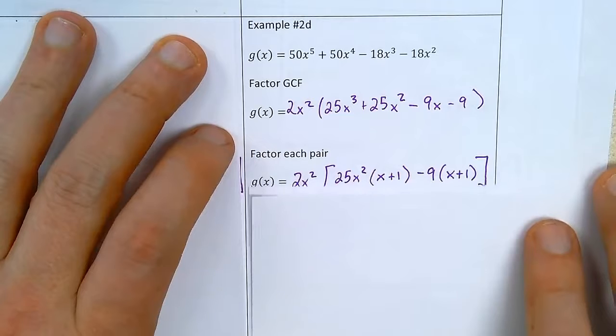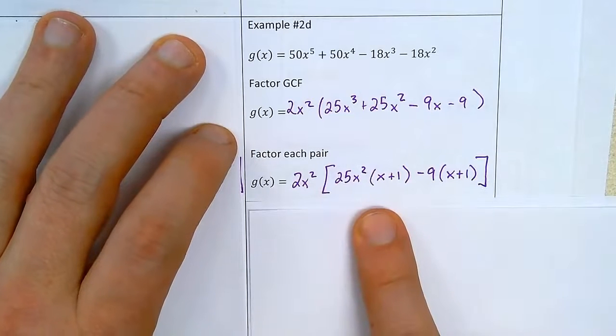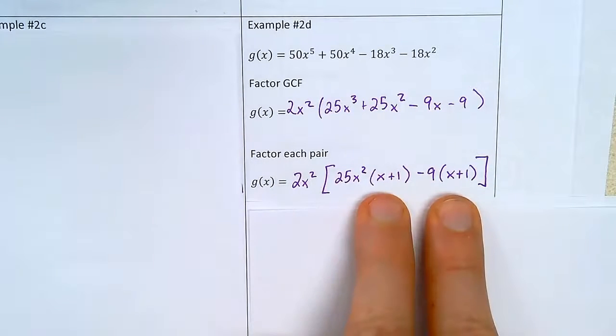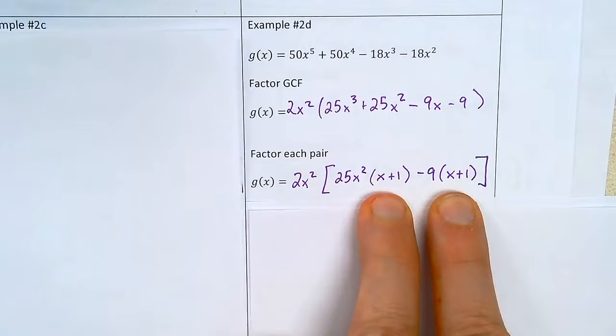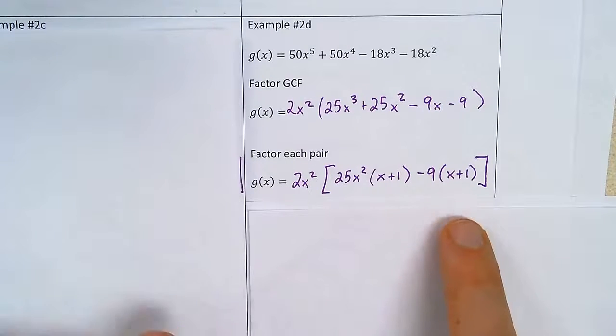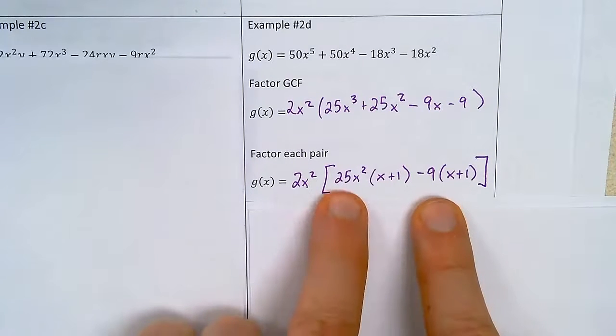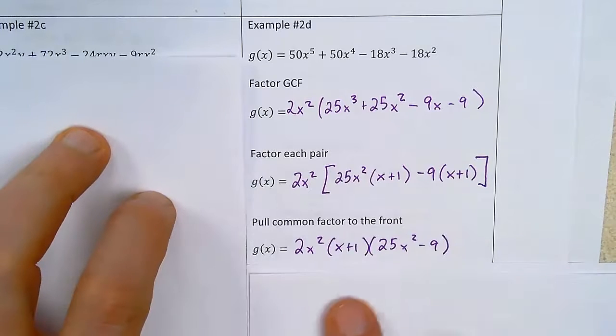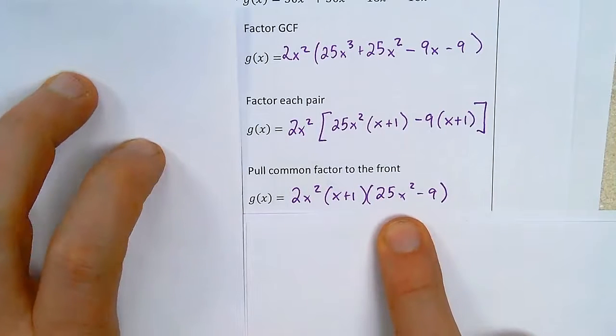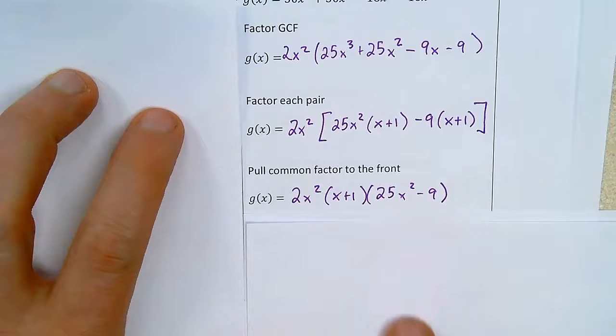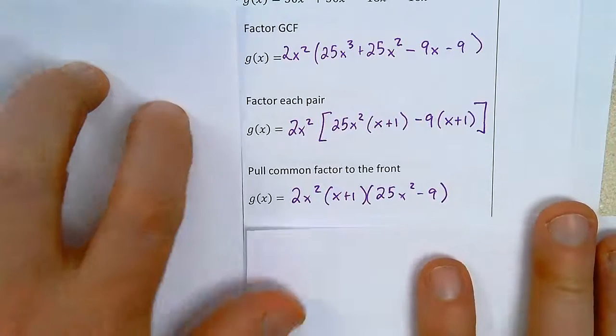So when we pull that to the front, the x plus 1 exists on both of them. We'll factor the x plus 1 to the front, and we're left with a quadratic, which is a difference of squares. So the final step is to factor that with the difference of squares.